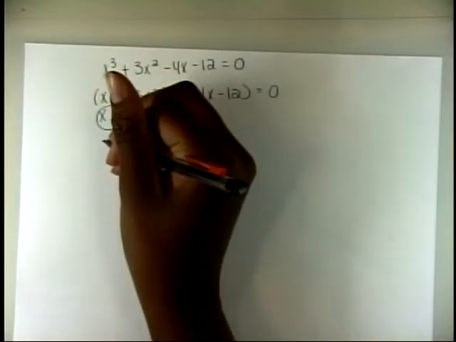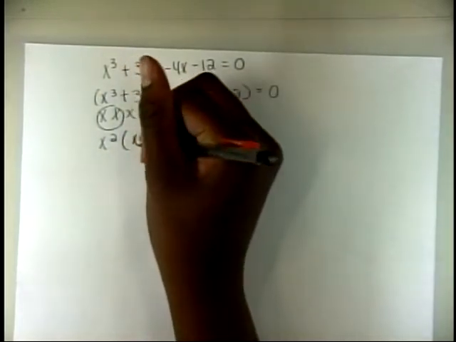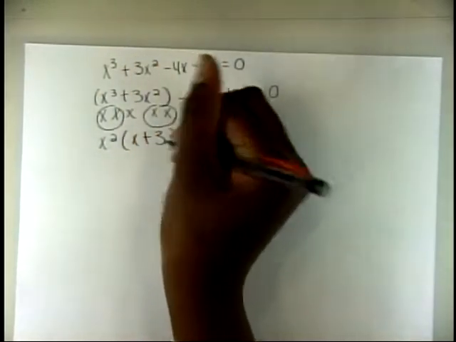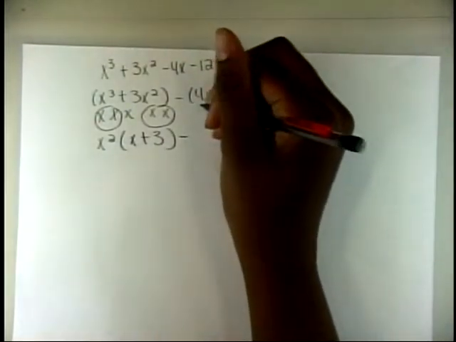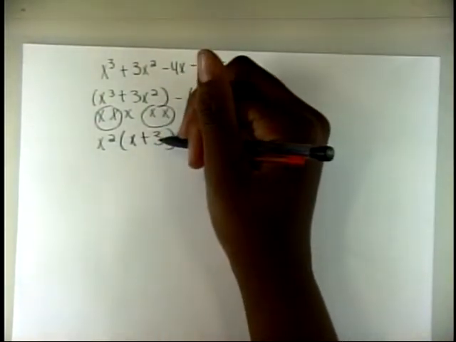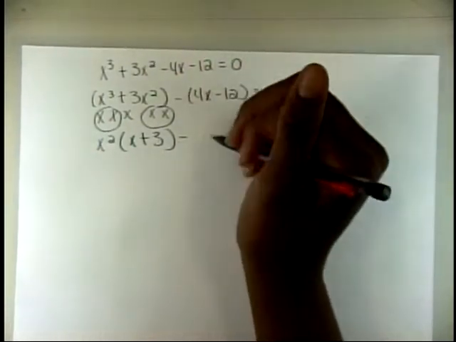So therefore, we're going to pull out x squared, which will leave us x plus 3 minus, next, we're going to pull out a 4. The reason why we're pulling out 4 is because we want the groupings to be the same equation for both of them.